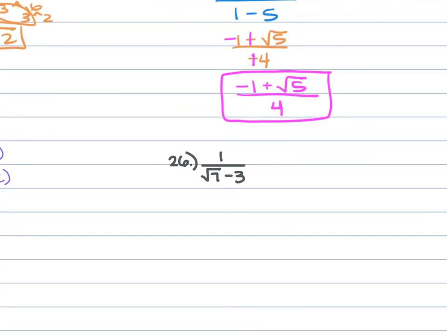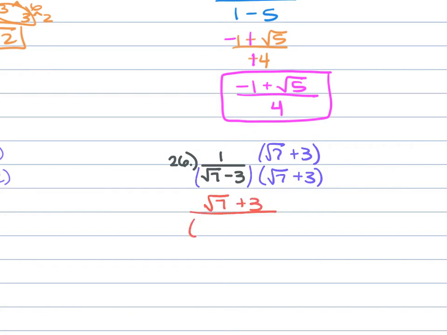For 26, we have 1 over the square root of 7 minus 3. So this is going to multiply top and bottom by the conjugate of the square root of 7 minus 3, so the square root of 7 plus 3. We're multiplying top and bottom of this fraction. That 1 on the top just leaves it as the square root of 7 plus 3.